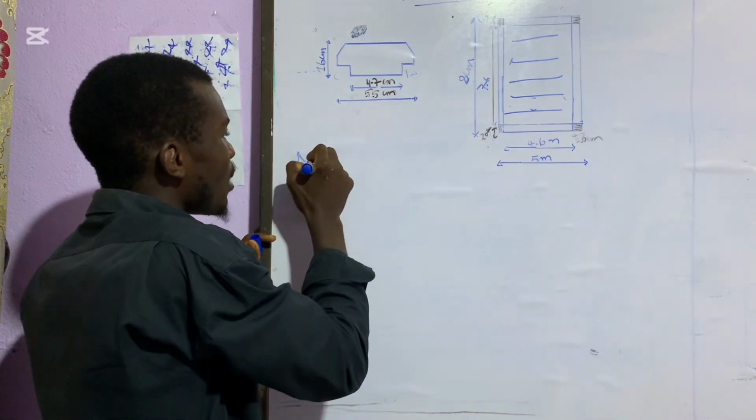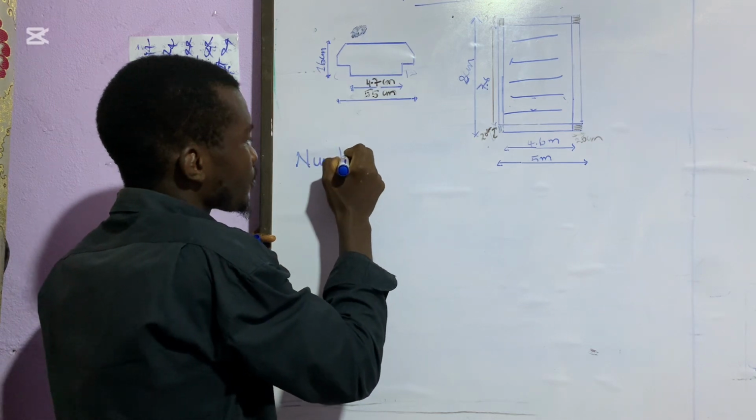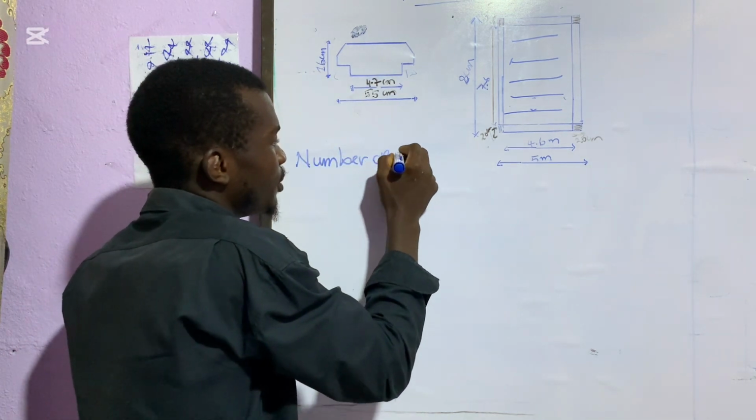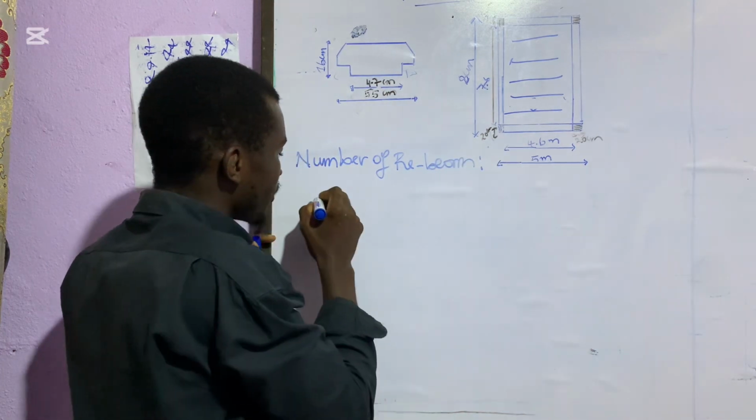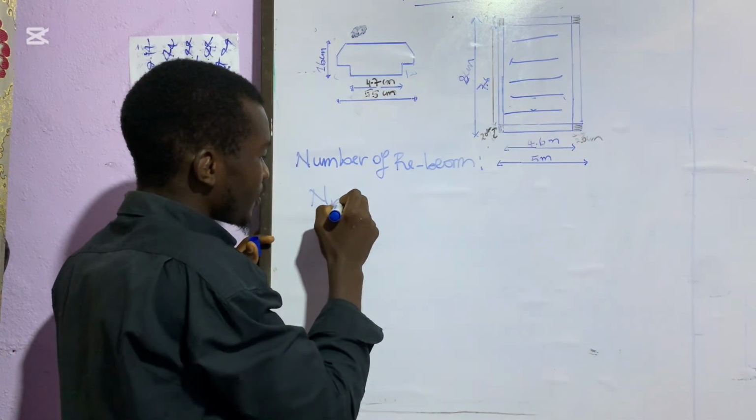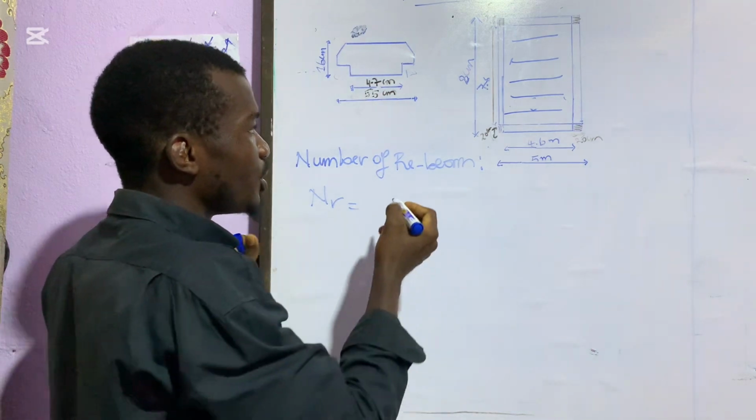So the number of rib-beam, let's call it NR, will be equal to what?